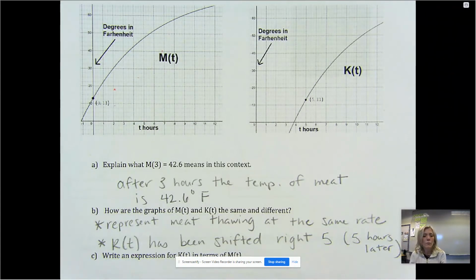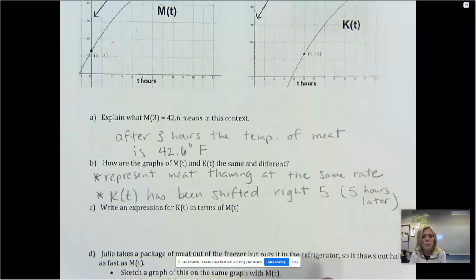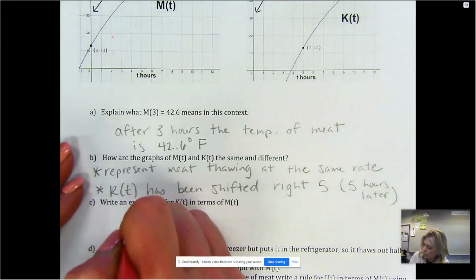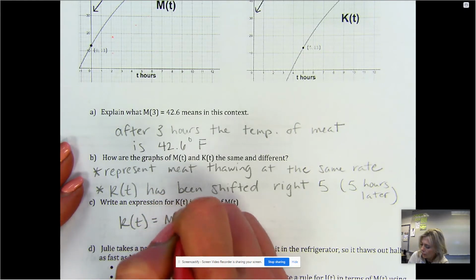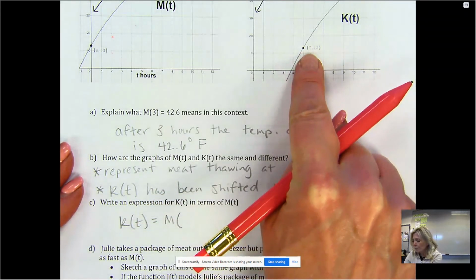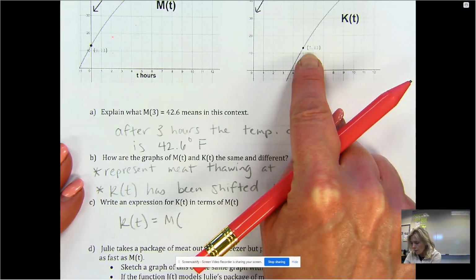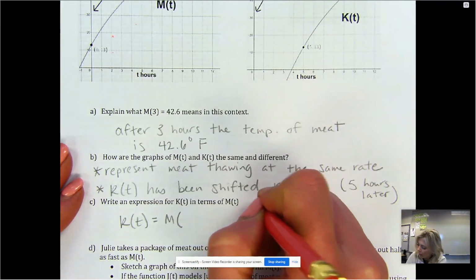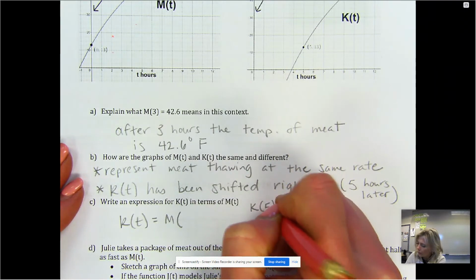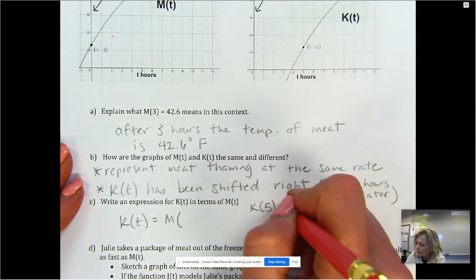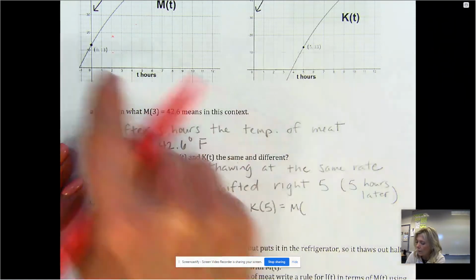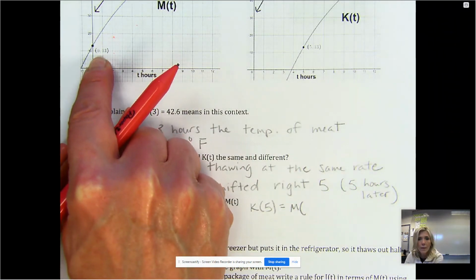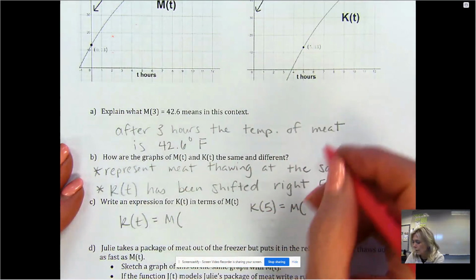So if we write an expression in terms of M of T, so K of T equals M of, so if I know that K of 5, this point right here, is equal to M of 0, right? They're both equal to 13.